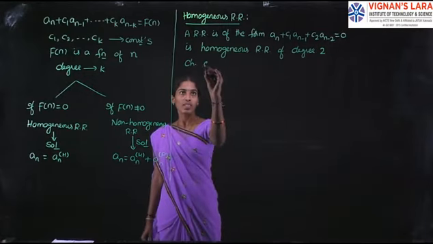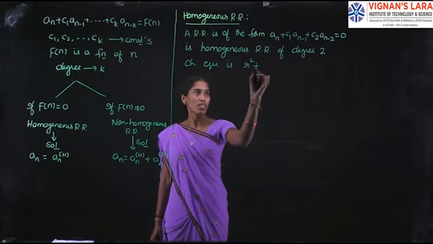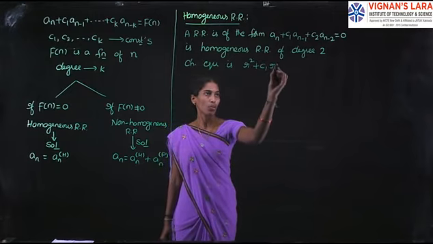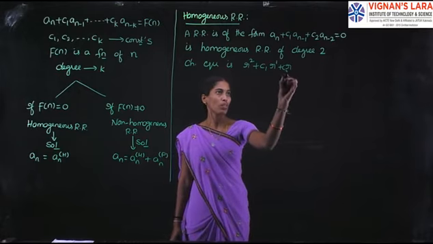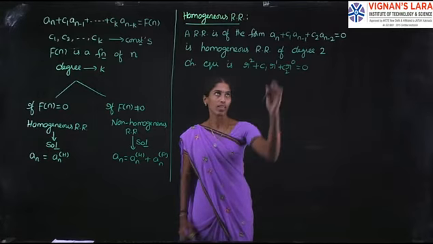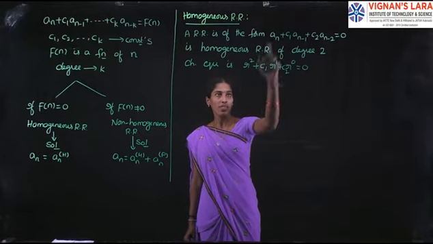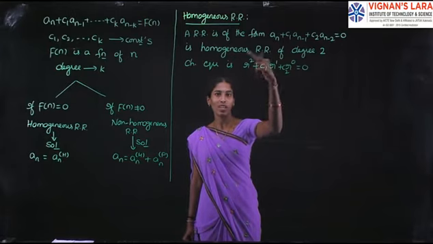Its characteristic equation is r^2 + c1 r^1 + c2 r^0 = 0. How can we get this characteristic equation? In the place of a, write r, and instead of writing n in the suffix, write it in the power.